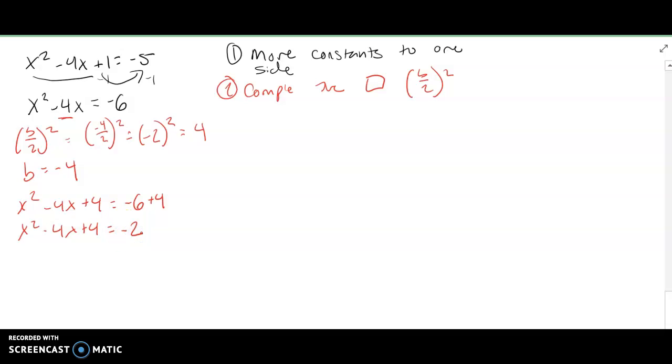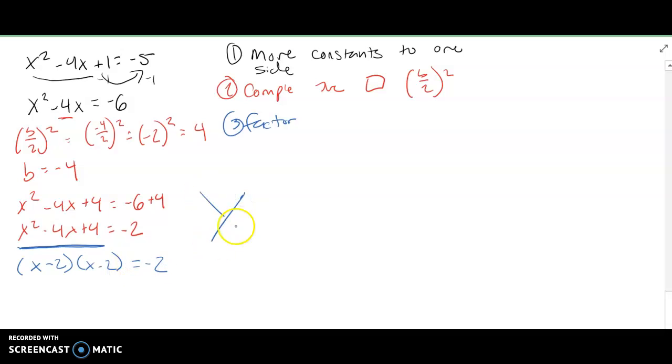Now we are going to factor. We're factoring just this side, and it turns into x minus 2 and x minus 2 equals negative 2.